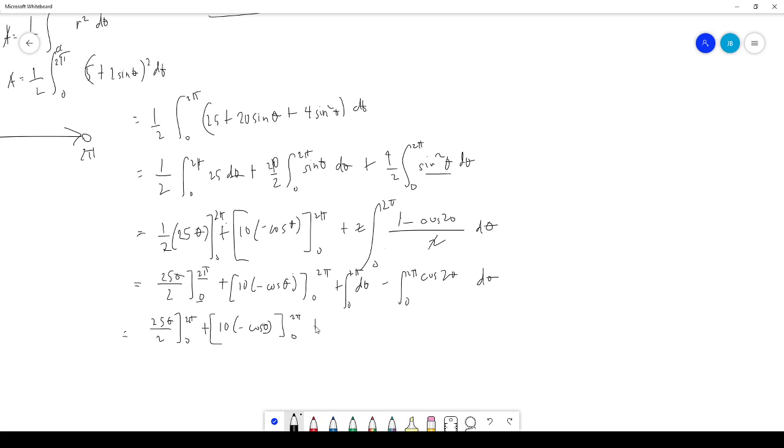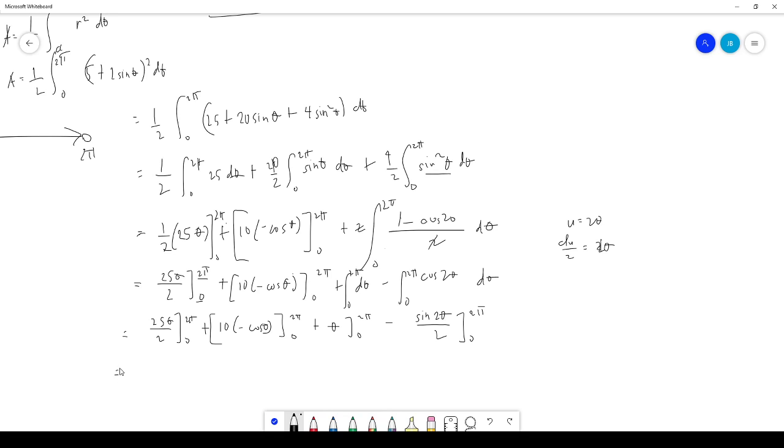Then this one is theta, from 0 to 2 pi, minus. For this one, we let u equal 2 theta, so du over 2 is equal to d theta. So therefore, that is sine 2 theta all over 2 from 0 to 2 pi.